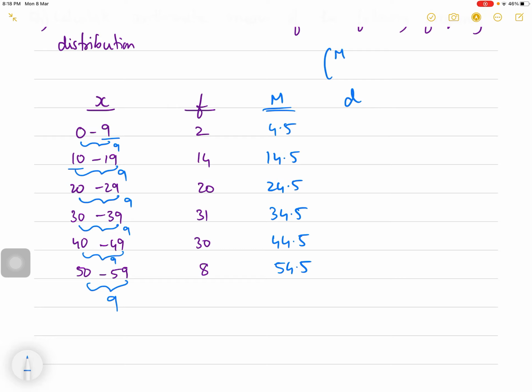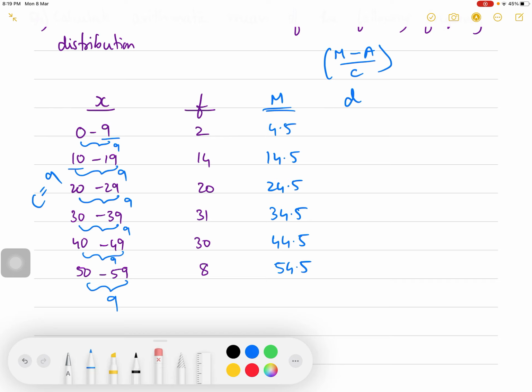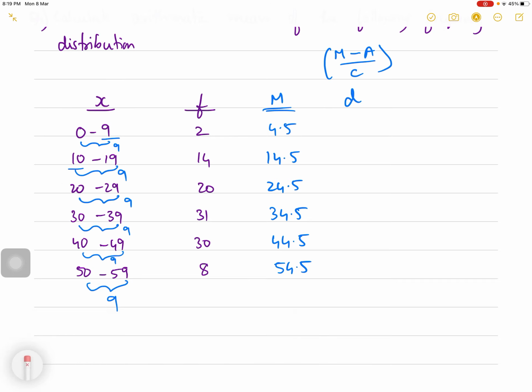D is M minus A divided by C. Here C is equal to 9? No. C is not equal to 9 in this case because it is an inclusive class. Okay.